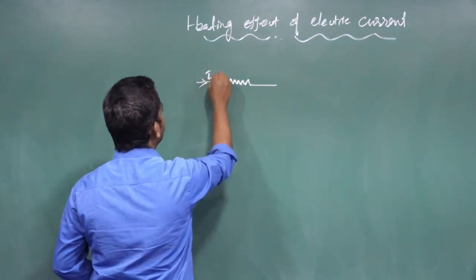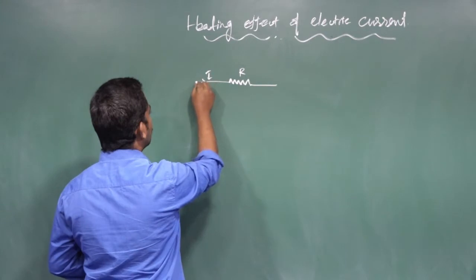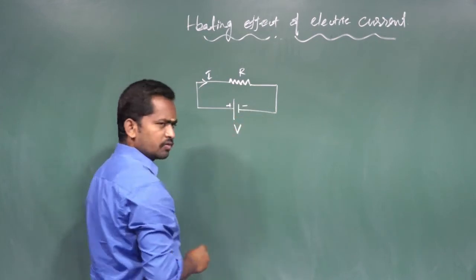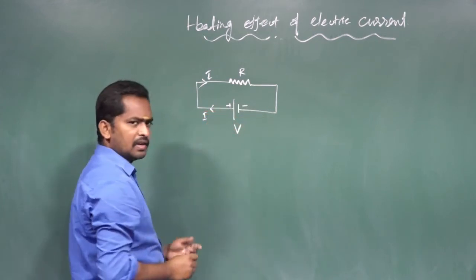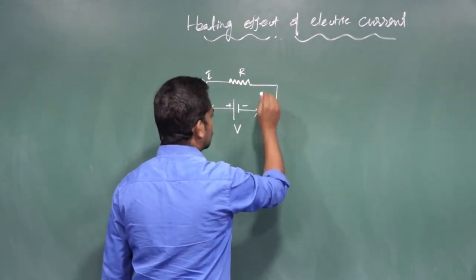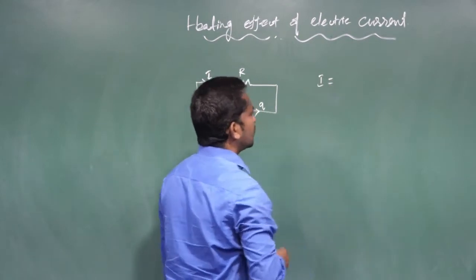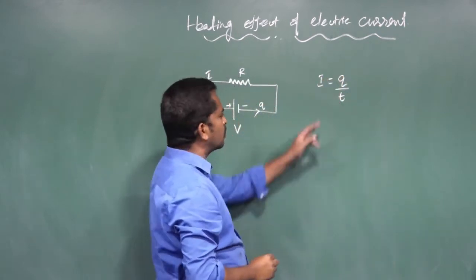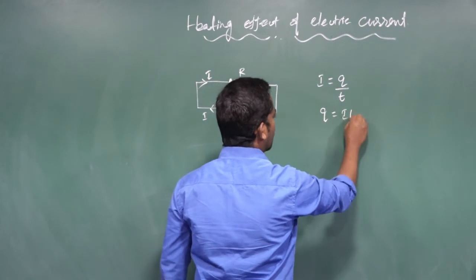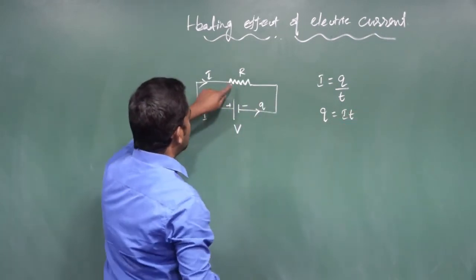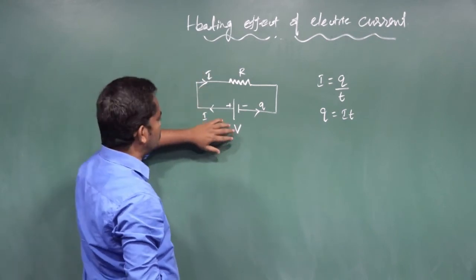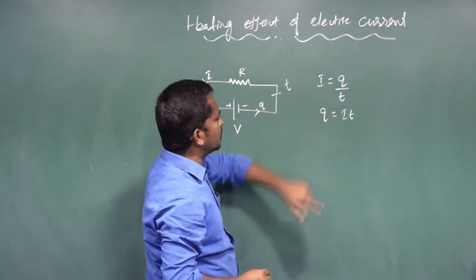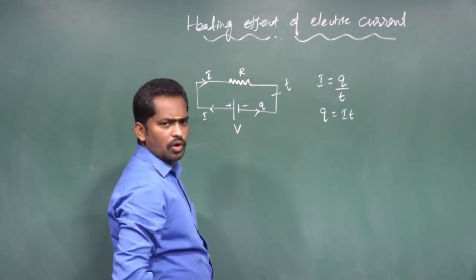The flow of current is I, the resistance is R, and the applied voltage is V, with positive and negative terminals. The net charge flowing is Q. According to the definition of electric current, I is equal to the rate of flow of charge, so I equals Q divided by T. So Q is equal to I T, current into time.